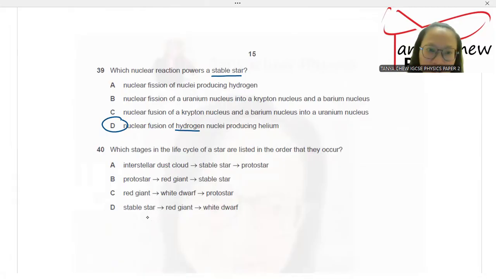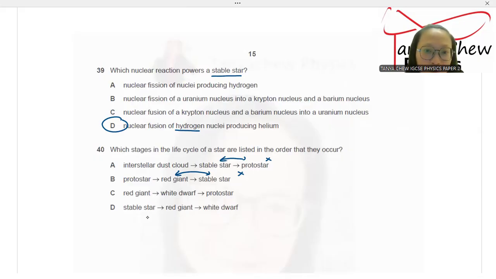Now, number 40, which stages in the life cycle of a star are listed in the order that they occur? Let us look at A, right? A is wrong because a protostar comes first before the stable star. This is wrong. B, right? Stable star is, okay, before the red giant. This is also wrong.